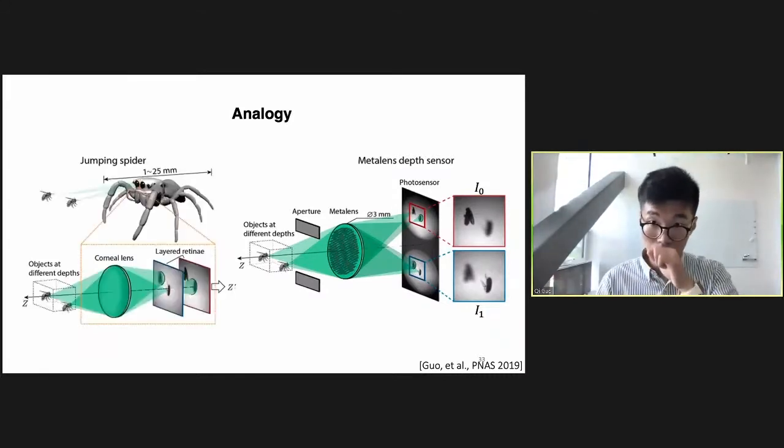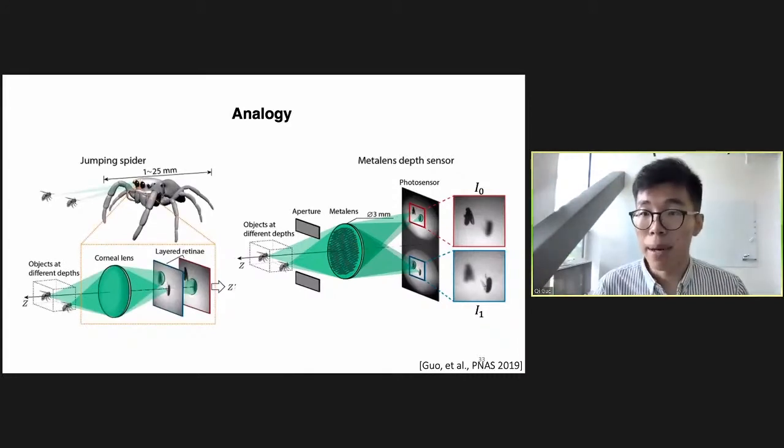Interestingly, this design is inspired by the eyes of jumping spiders. They use a layered retina to capture two differently defocused images, while we use a metasurface to do the same thing. This is the first single-shot metasurface depth sensor. The optics only include a 3mm diameter metasurface and the photosensor, which can be made very compact.